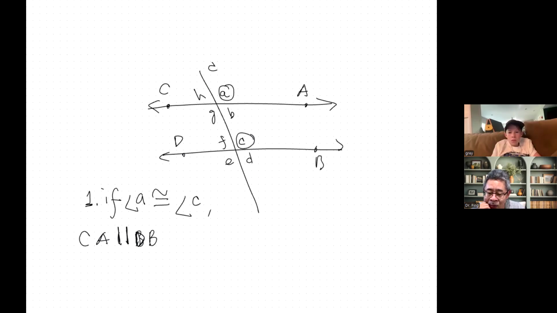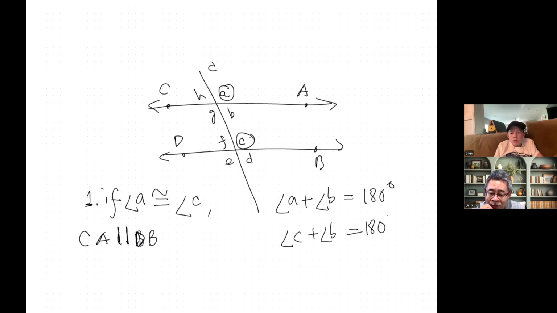Okay. The reason for that is, if these two are congruent, we know A plus B is 180, and we also know that A is equal to C. So therefore, C plus B is 180. If these two angles add together to 180, these two lines are parallel.